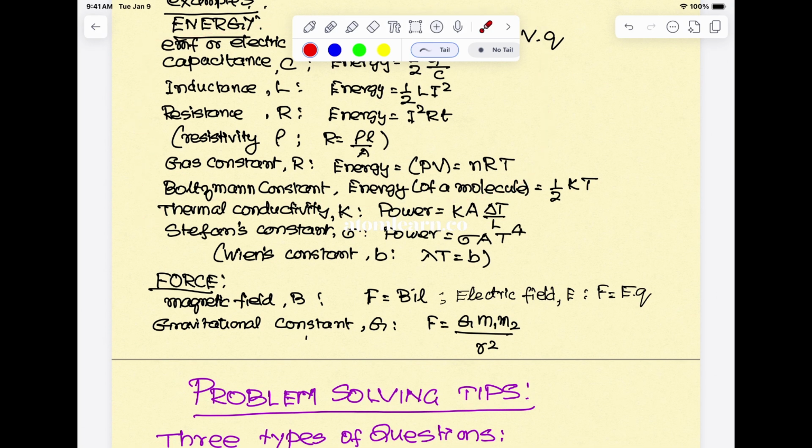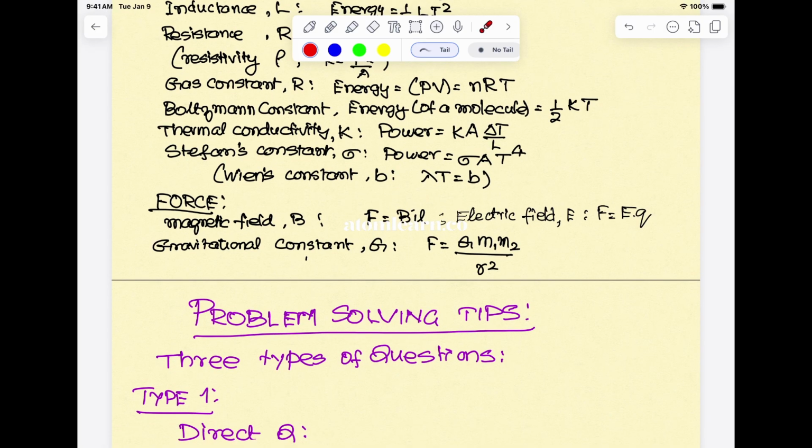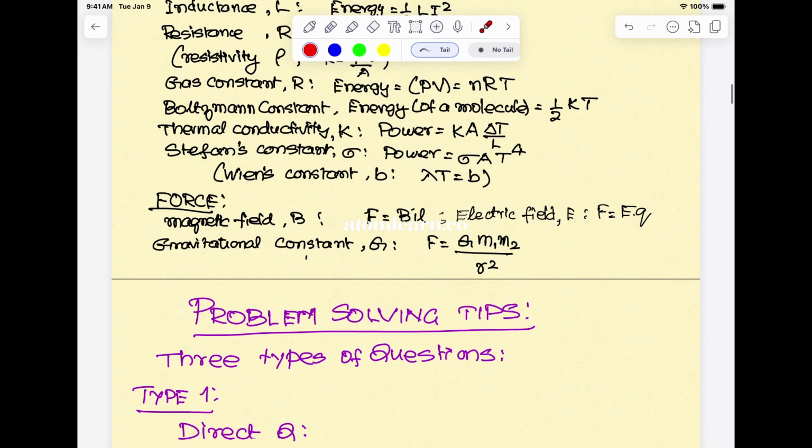So the first preference is energy, and the second preference is force. Now you have covered, I am sure, 99.99% of the quantities on which questions are asked. Therefore, you can be successful in answering not only correctly, but also fast.